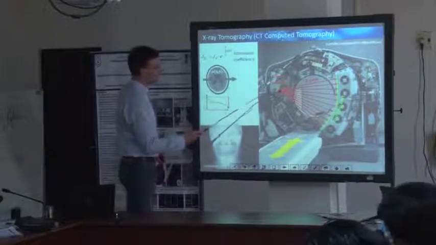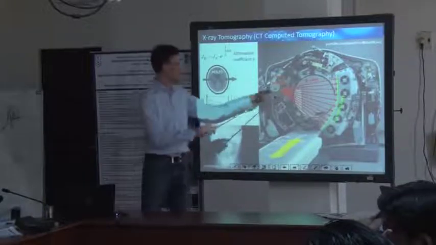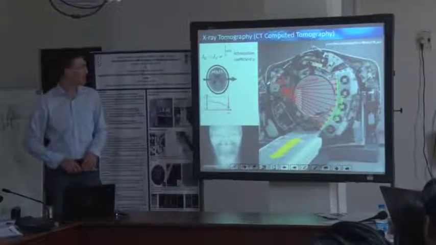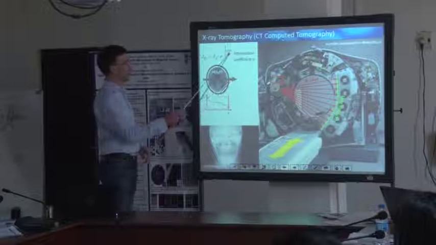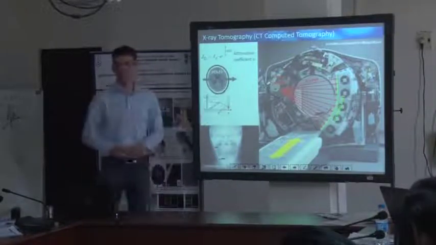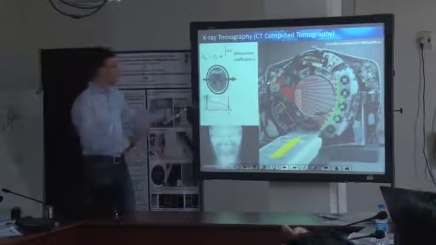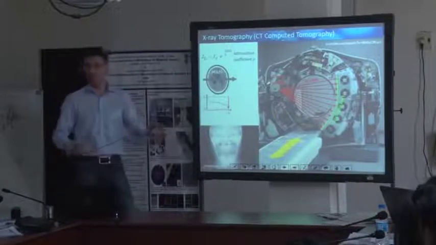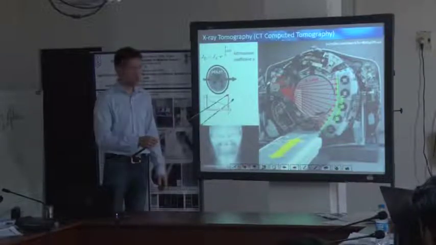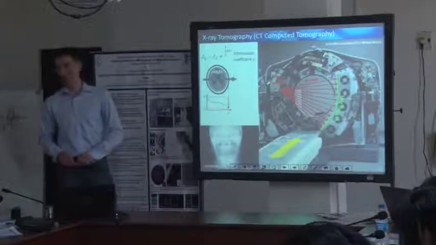In this particular case, we have an X-ray source and a line detector. The X-rays propagate on linear trajectories and become absorbed. This attenuation coefficient depends on the local density of matter. In this particular case, the skull, which is bone, shows a pretty high attenuation coefficient, while the soft matter in the center shows a lower attenuation coefficient.